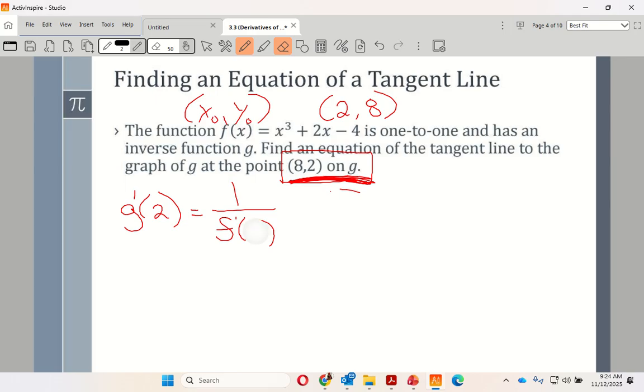Did you guys hear what I said there? Or did you at least understand, kind of? Okay. Because the words right here say at the point 8, 2 on g, which means 8, 2 is the x value on g. So 8 is the x, 2 is the y. That's on g.